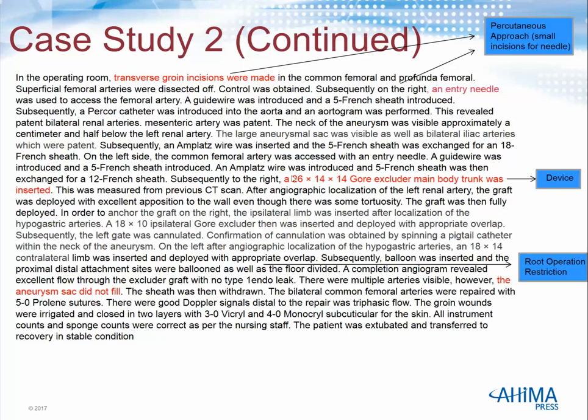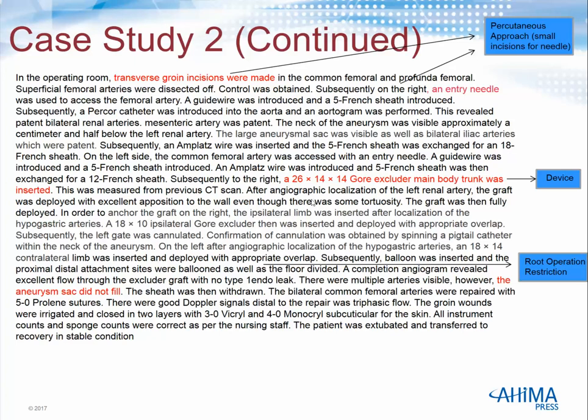They inserted something called a Gore Excluder. The balloon was inserted and the proximal and distal attachment sites were ballooned, as well as the floor divided. They're talking about the floor of the artery. An angiogram, which is a picture, showed that they had excellent flow through the excluder graft with no leaking.